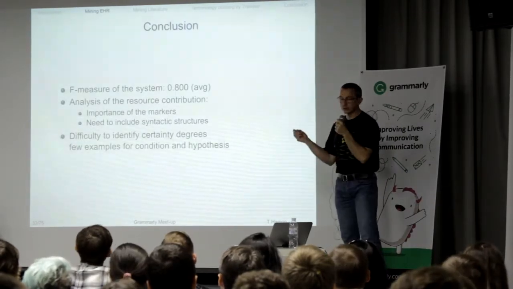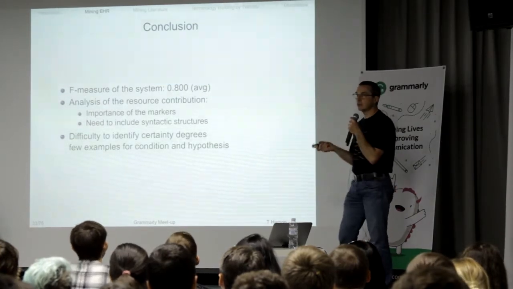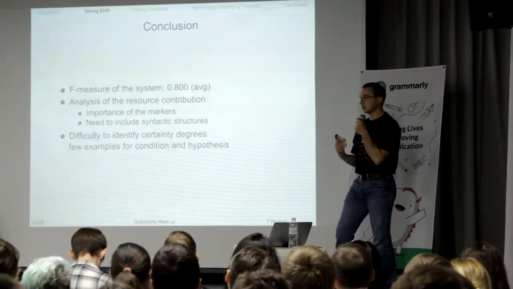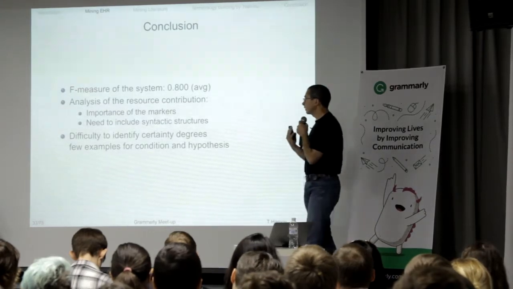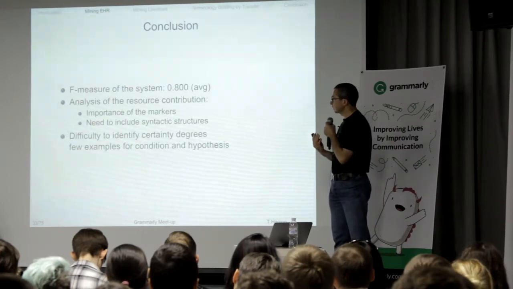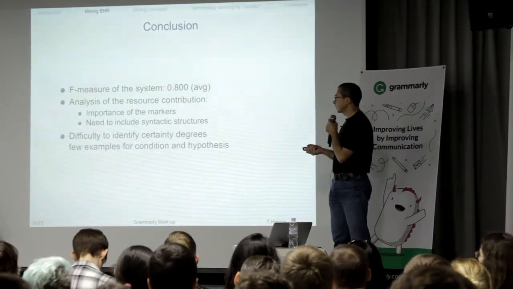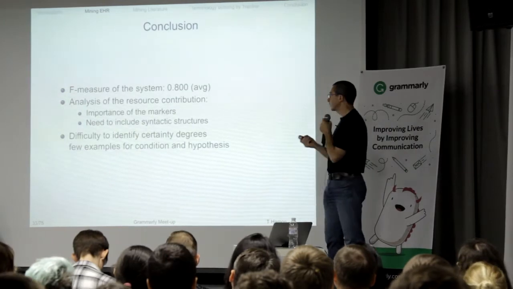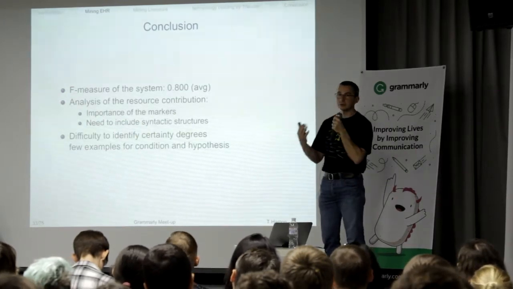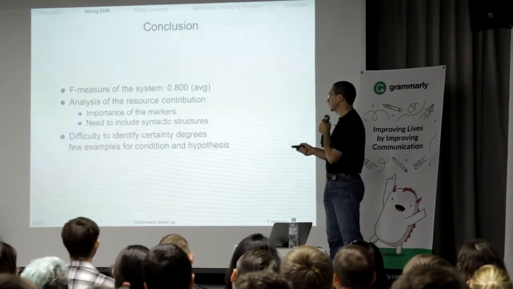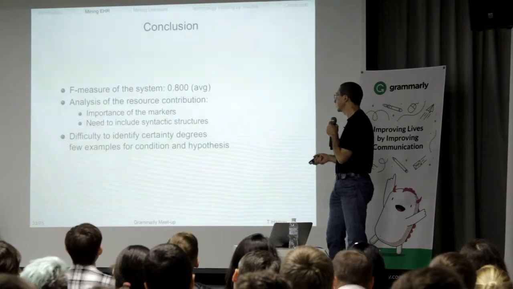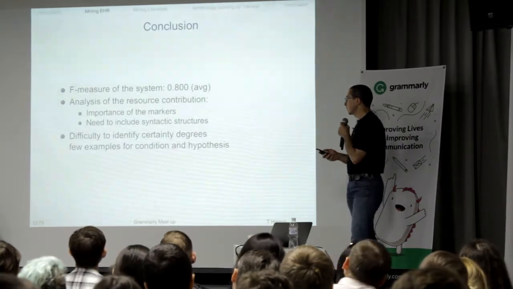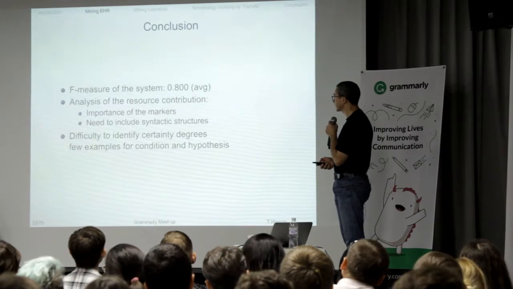So to conclude on this point, we have a system with an F-measure of about 0.8, and we can achieve good results because we use markers, and also we probably need to include syntactic structure to identify some assertions. And as you saw, it can be difficult to define some certainty degrees due to the few examples in the training set.